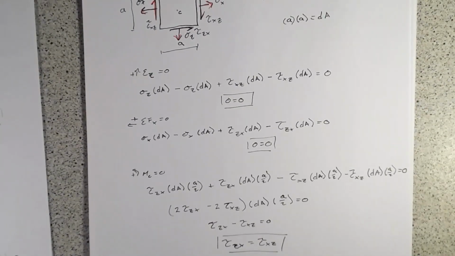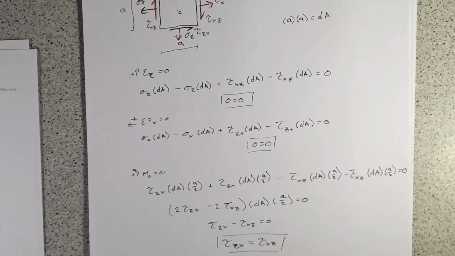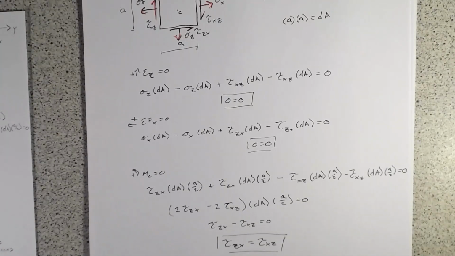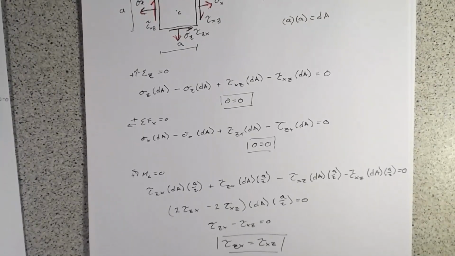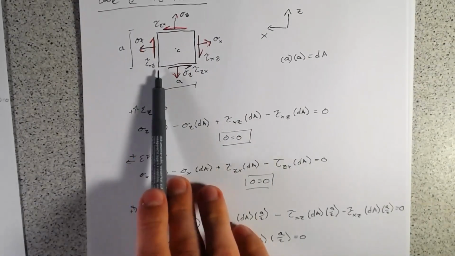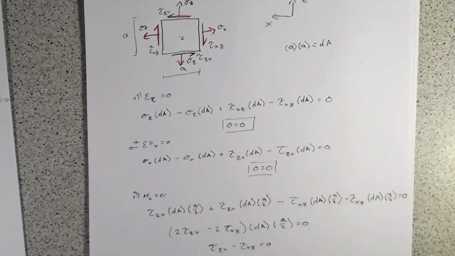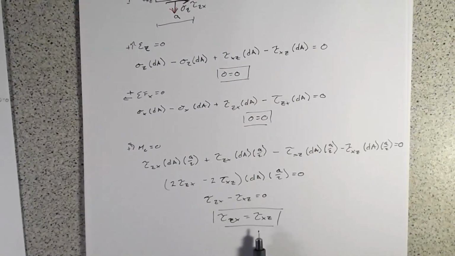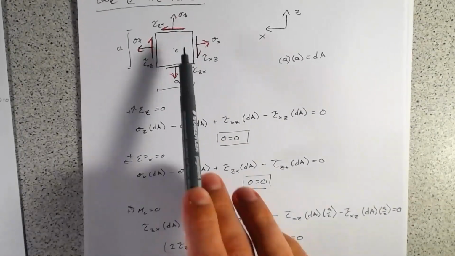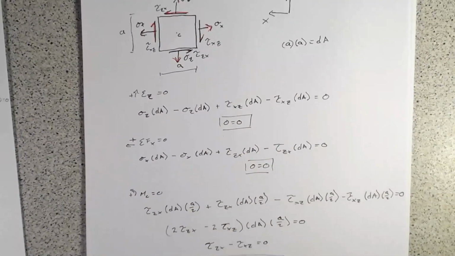And this is actually quite powerful and quite interesting. And what we'll find out is if we do this on each individual face, we'll find the same thing. We'll run through those just really briefly just to demonstrate. But what this is showing us is that if we have a shear stress which is going up and down, we have to have an equal shear stress which is going left and right, to keep this little block from spinning around, for it to be in static equilibrium.